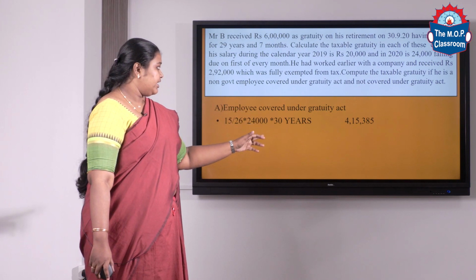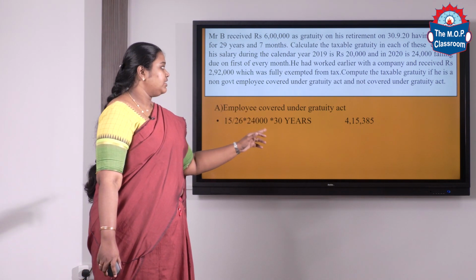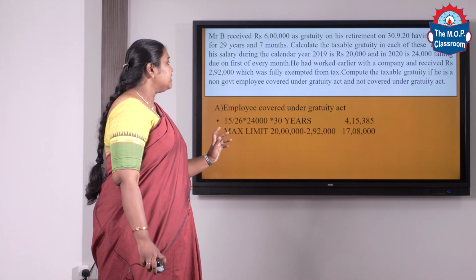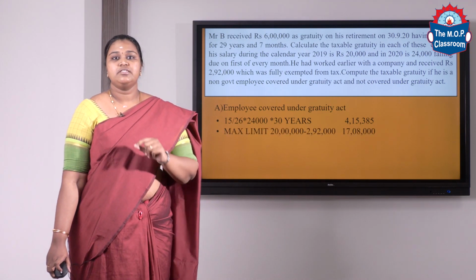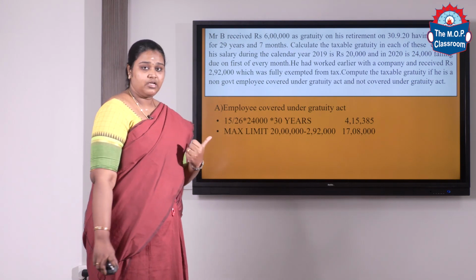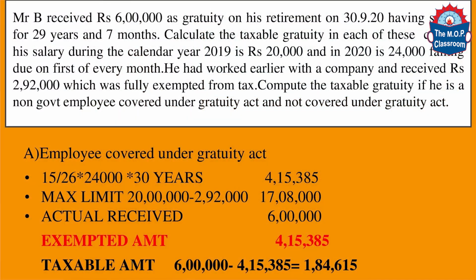The amount that we derive is 4,15,385. Point number 2. The maximum limit is rupees 20 lakhs. Here we have already received 2,92,000 which is exempted. So, 20 lakhs minus 2,92,000 gives you 17 lakh 8,000. Point number 3. The actual amount received as gratuity, which is 6 lakh.